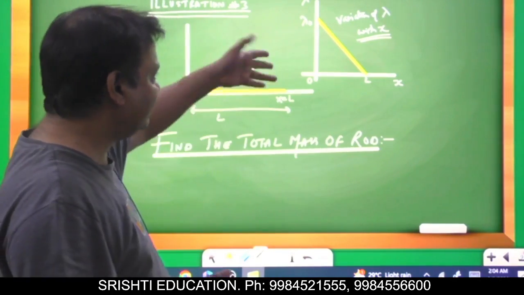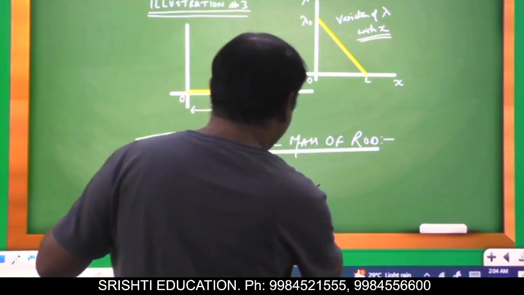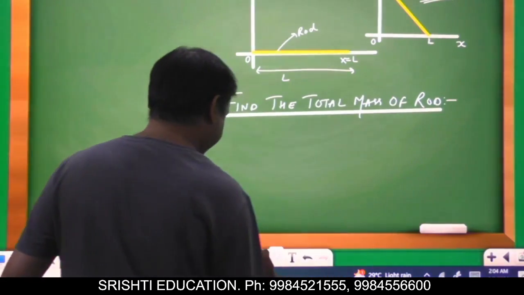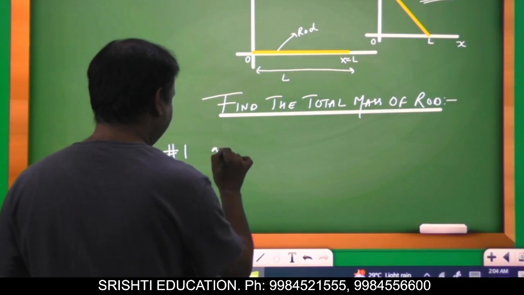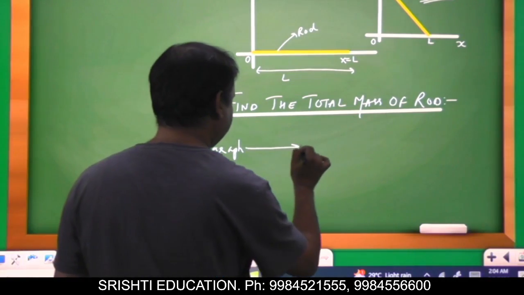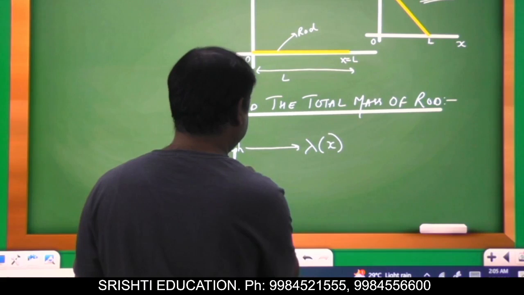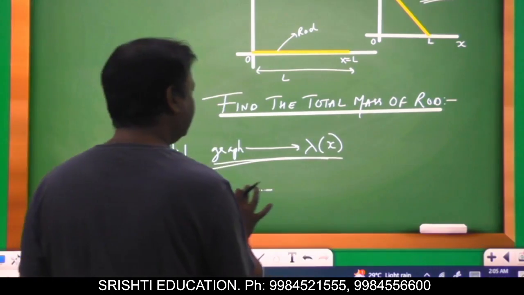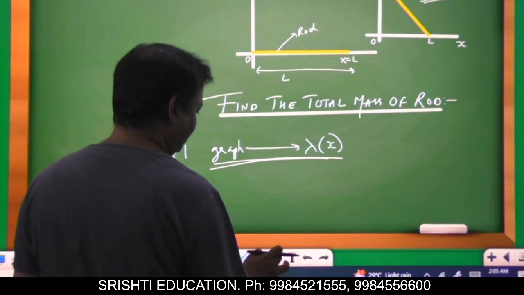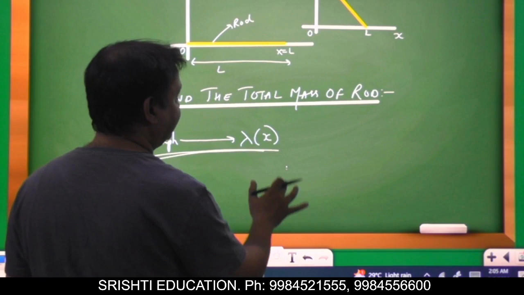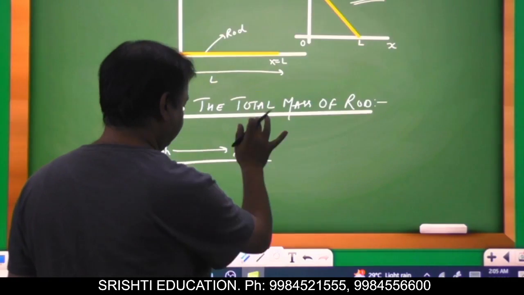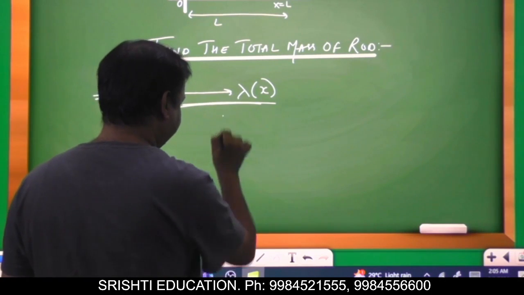So the first skill will be, from the graph, get lambda as a function of x. Skill 1 will be, from the graph, get the equation lambda as a function of x, and then you will simply follow the skill of the previous problem. This is the first skill in this case. So we can see it's a straight line graph. The graph is something like this.